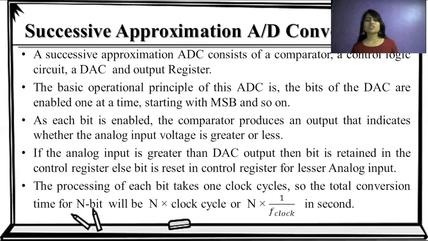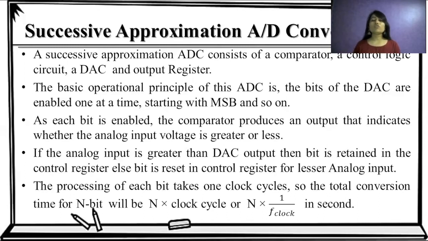If we have a 10 megahertz clock frequency for a 4-bit successive approximation converter, we have the equation 4 divided by 10 megahertz. Megahertz means 10 raised to 6, so we have 4 divided by 10 into 10 raised to 6. That gives 0.4 microsecond, since 10 raised to 6 becomes 10 raised to minus 6.